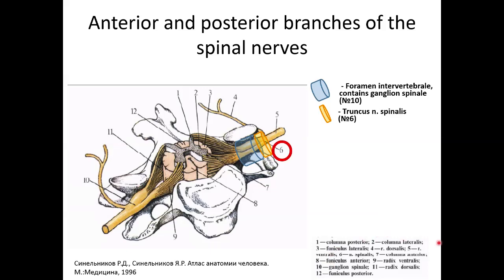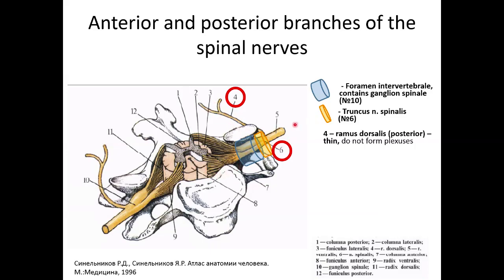So now we can see that after passing through foramen intervertebrale, the next part of nerve gives branches, and one of them is branch number 4, which is ramus dorsalis or ramus posterior nervi spinalis.